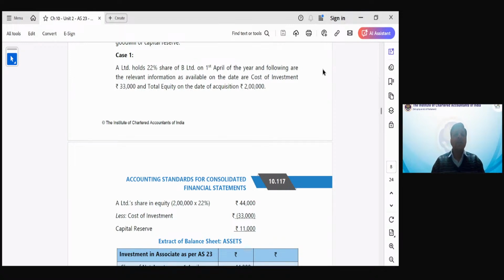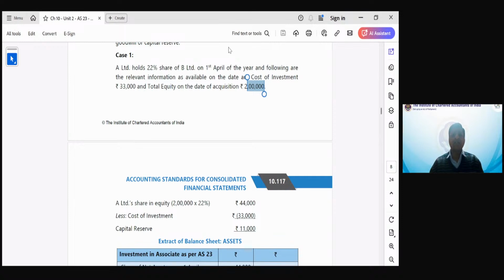You will do equity method of accounting, correct? The purchase consideration is 33,000. Against this, the proportionate share of net assets is 44,000. So what do you get, goodwill or capital reserve? Capital reserve, 11,000. Correct? Ragni, you may revisit this.